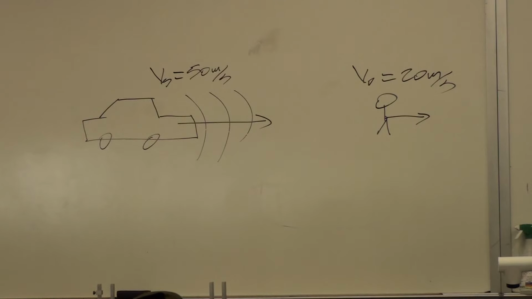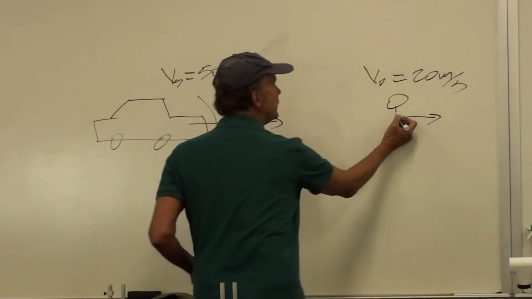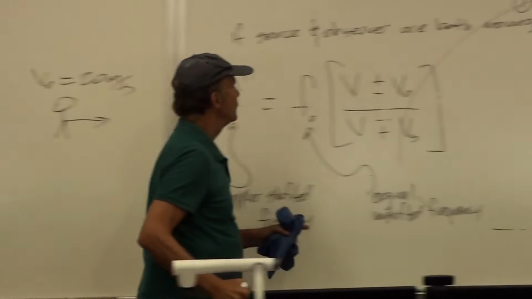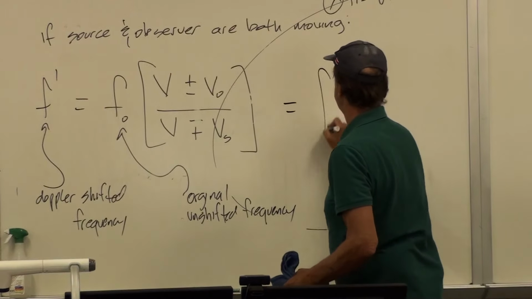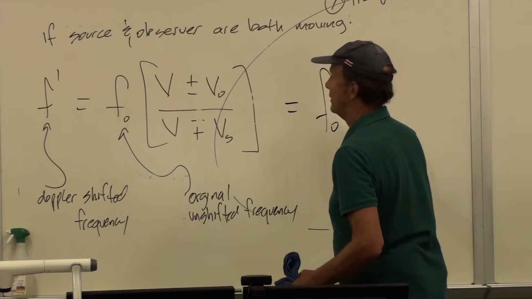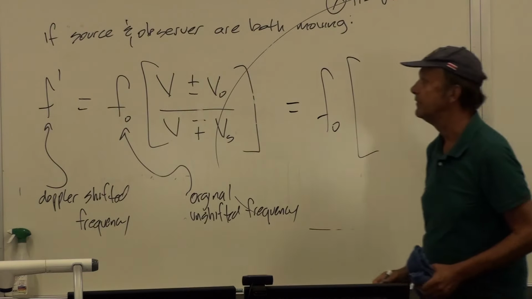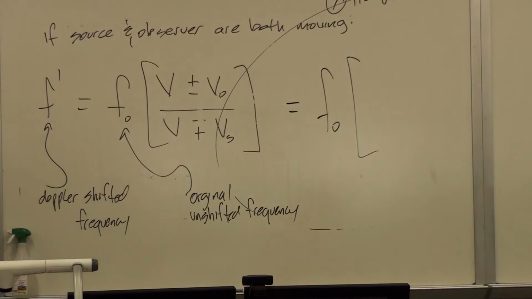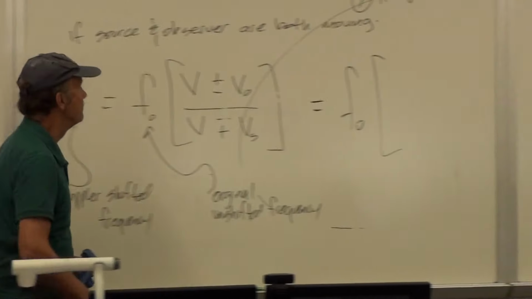what we do is we think about, well, what is each thing doing on its own? So in other words, the source is moving toward the observer. So that means, what sign am I using down here in the bottom? Moving toward the observer. Okay. If we have it moving toward, then we use the top sign, right? So that's the negative. Good.